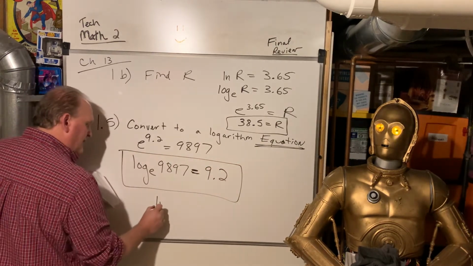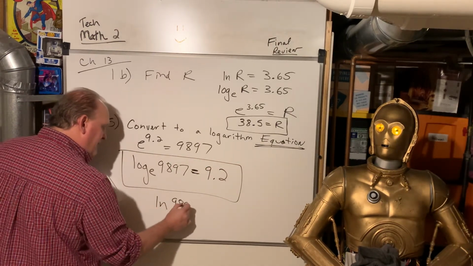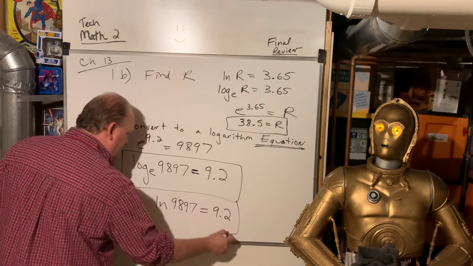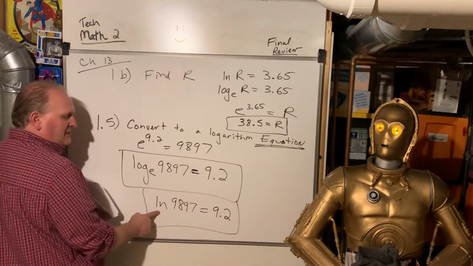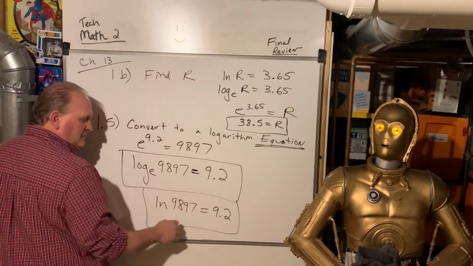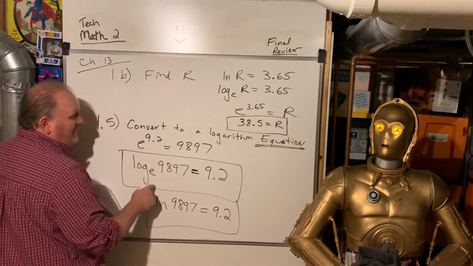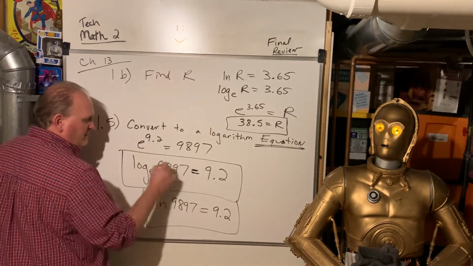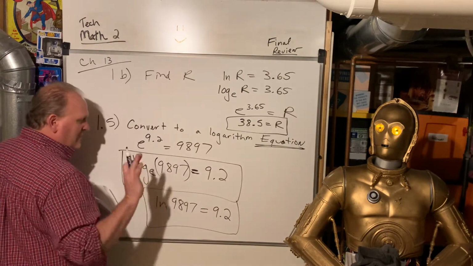Otherwise, you could write ln 9897 equals 9.2. This is also fine. In fact, this is probably easier to type into Blackboard on the test, because log base e, most of you just type log and then put the little e there and then put parentheses, and I get what you mean, and that's fine.